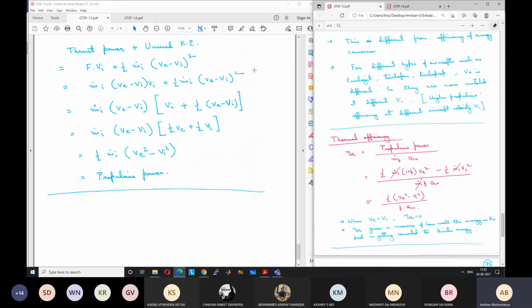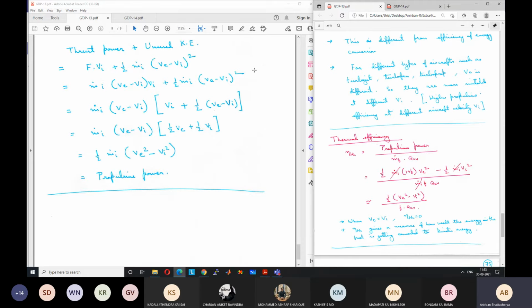Kinetic energy is a relative term, right? Kinetic energy can be defined for different reference frames. If I am sitting in a car, relative to the car, my kinetic energy is 0. But for a stationary observer, my kinetic energy is quite high. So it's a relative term.